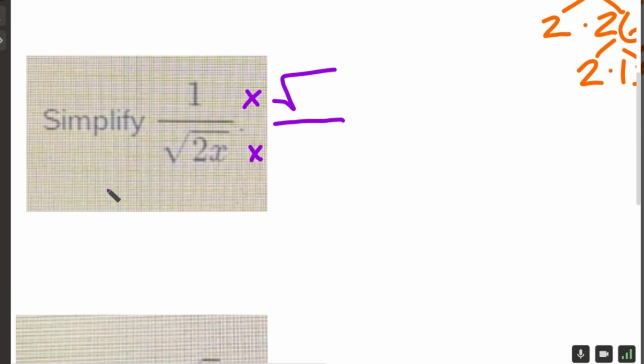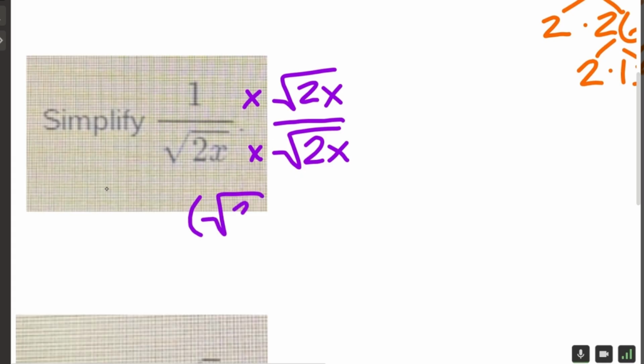Why are we doing that? Because we cannot have a radical in the denominator. So when we multiply these together on the denominator side, we have square root of 2x squared, which would be what?